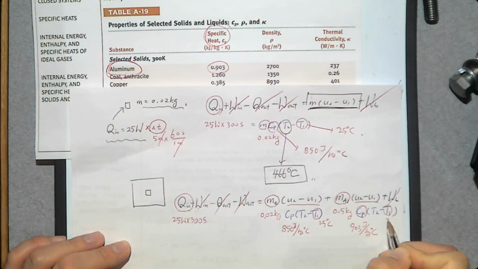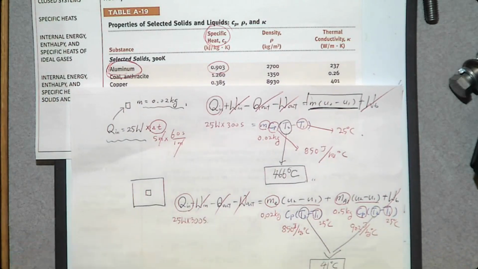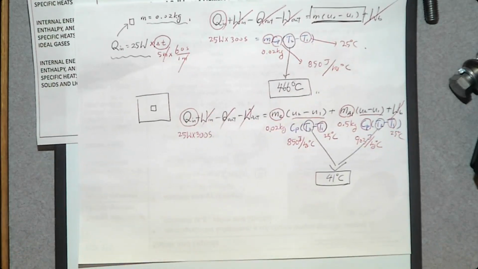The initial temperature, again, 25 degrees Celsius. Now we only have one unknown, T2, they are the same thing. Now you can determine the final temperature of this electronic device, only 41 degrees Celsius. So, okay, this one should work, right? Much lower temperature.